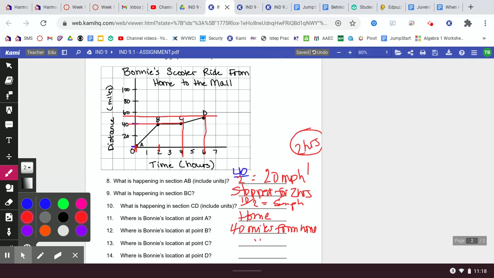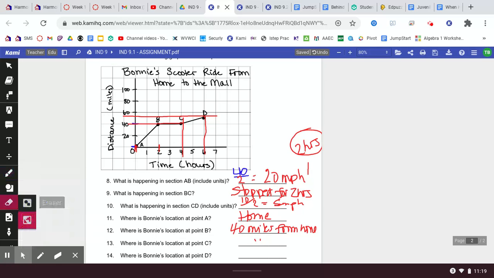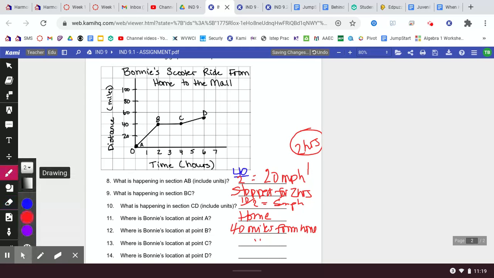So same answer. And then where is Bonnie at point D, Shayna? At the mall. Good. If you said 50 miles from home, you're only partially correct. So if it was a quiz, you'd get half credit. But because the title of the graph tells us from home to the mall, we know that her ending point is actually the mall. Okay? If we weren't given the to the mall part, we could say 50 miles from home.